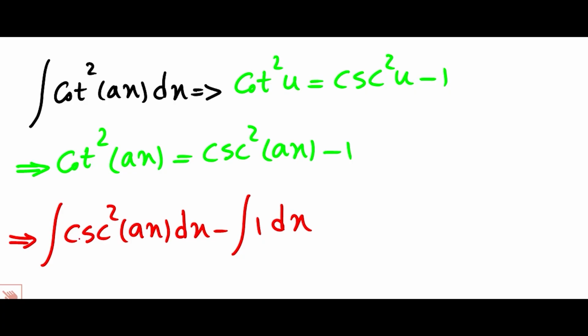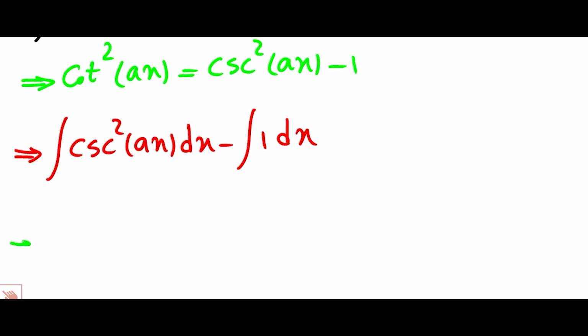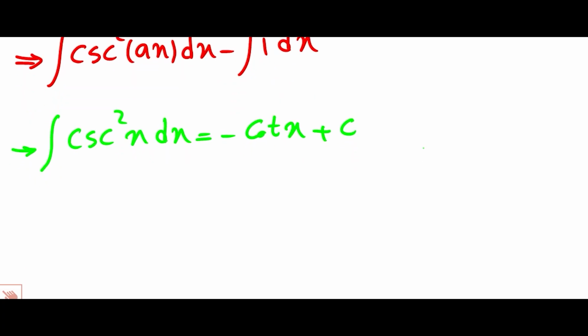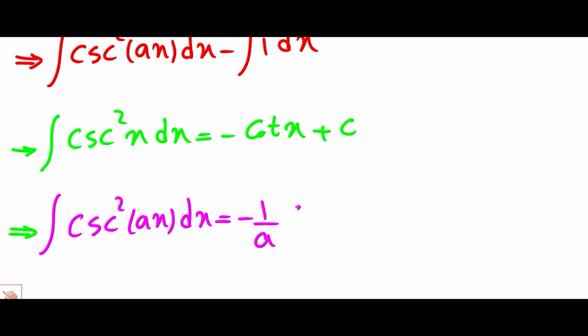As you know, the integral of cosecant squared of x dx equals negative cotangent of x plus c, right? So the integral of cosecant squared of ax dx equals negative 1 over a cotangent of ax plus c.